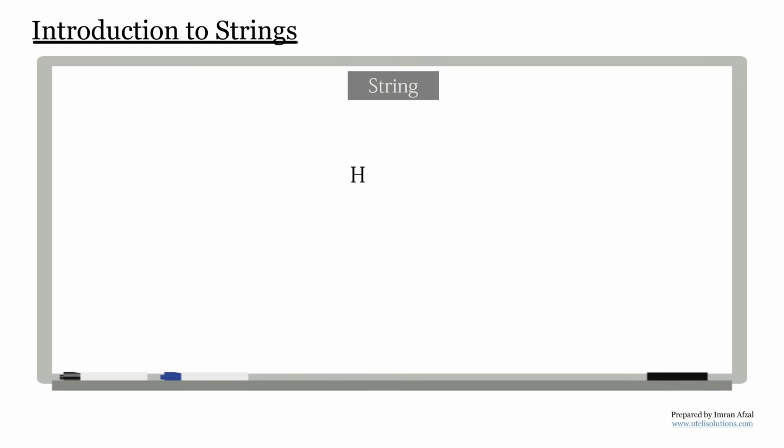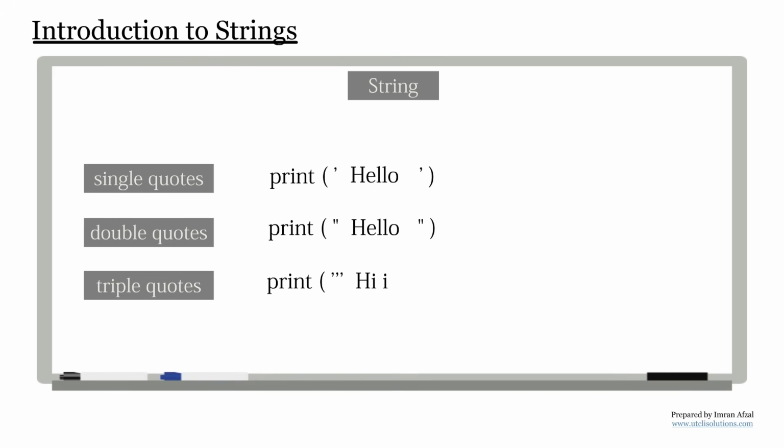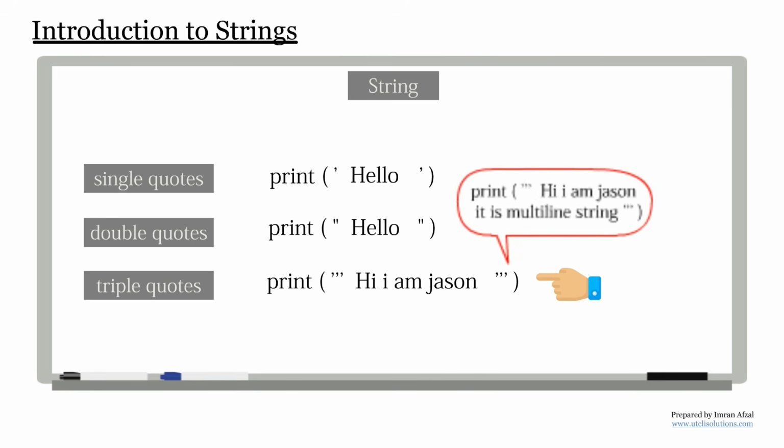When you write text in Python, you usually enclose it in either single quotes, double quotes, or triple quotes. For example, "hello" in double quotes or 'hello' in single quotes are both valid strings in Python. Triple quotes are often used for multi-line strings, allowing you to write text that spans several lines.